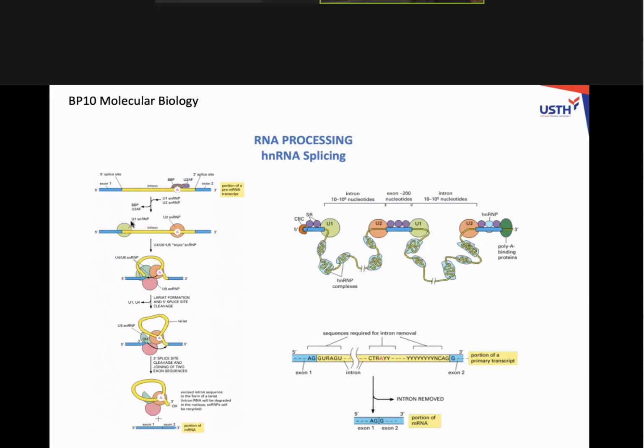According to you, why do they contain RNA? What can be the rationale? To find the specific site to cut. Yeah, there are two aspects. This one you are completely right: the specificity of the site that is recognized.